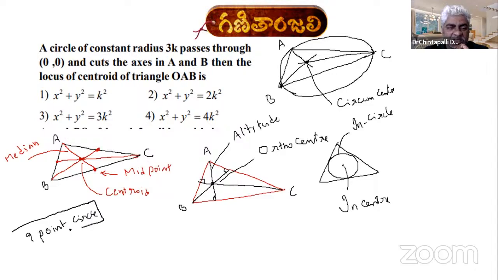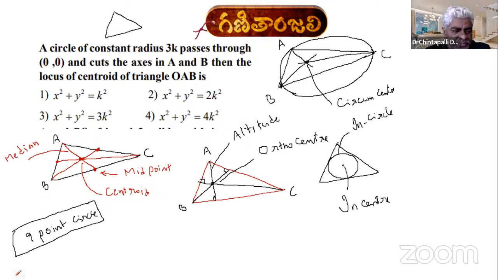Don't miss tomorrow's class. It's very interesting. There are 9 points related to the triangle, and the circle through those 9 points is called the 9-point circle.